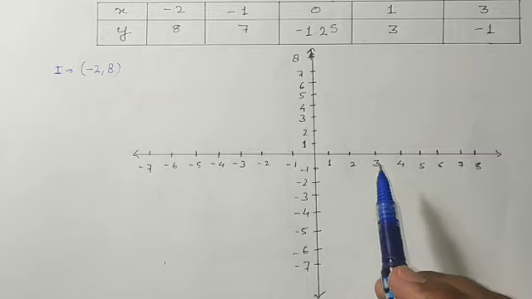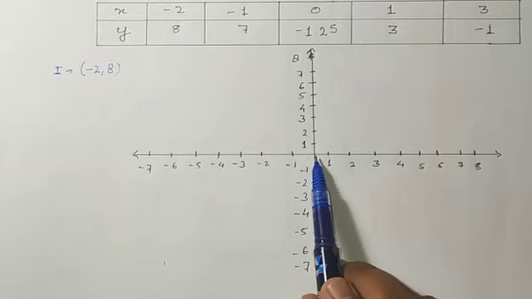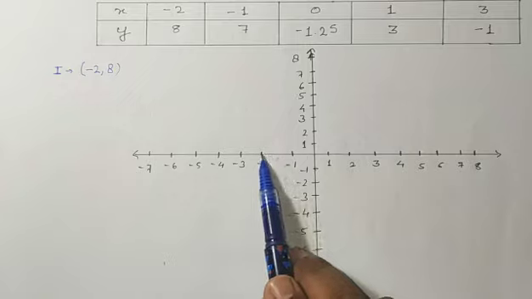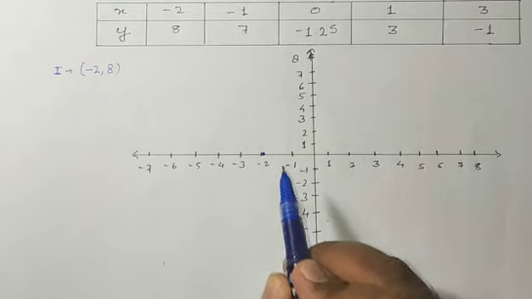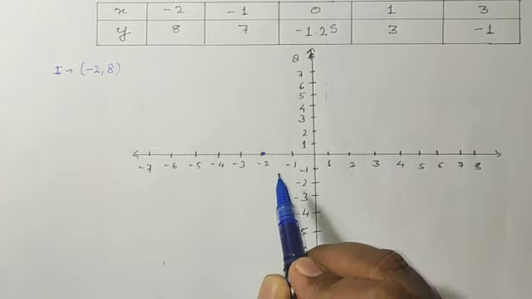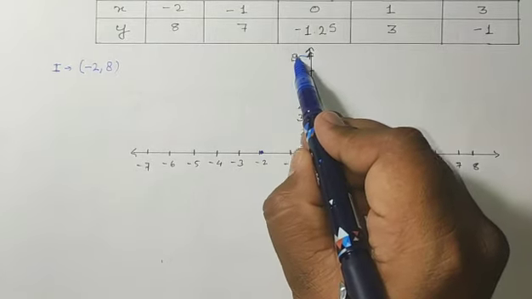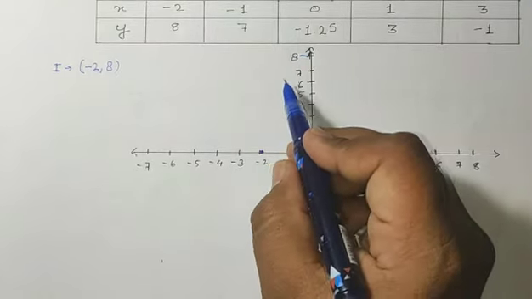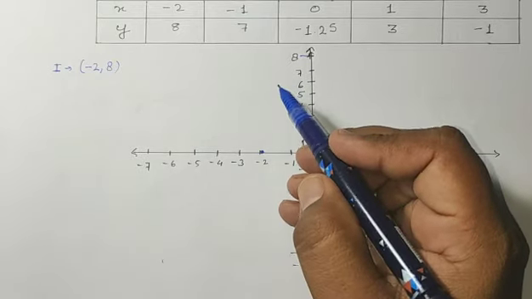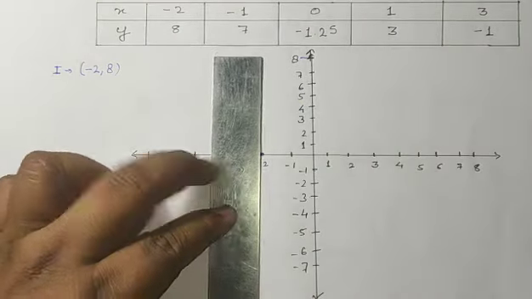So see students, towards the x direction it is minus 2, and towards the y direction it is at 8. So just draw perpendicular lines from 2 and from 8.